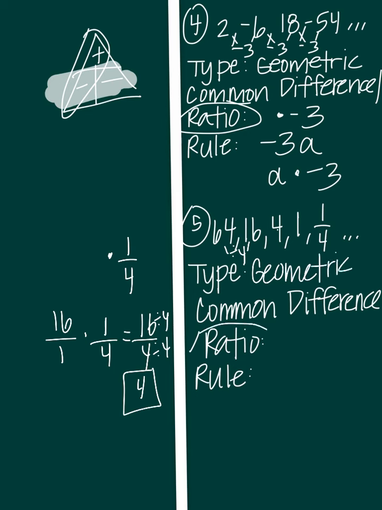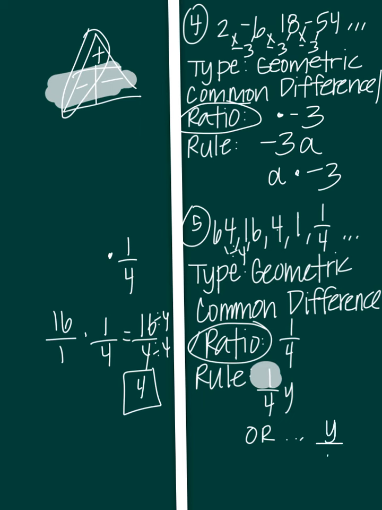We have a common ratio of 1/4. For the rule, there are a couple of options for you. You could do 1/4 times y, or because that 1 is invisible, we could just say y over 4.